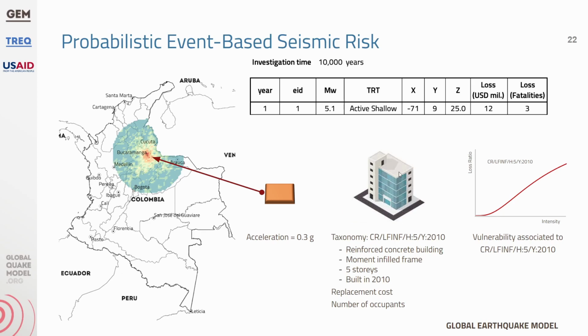And if we sum all of that, we will get to this result. So we will understand what are the aggregated losses from this 5.1 magnitude event. In this particular case, we are saying that for this event, the total economic loss is $12 million. And this event is causing 3 fatalities.